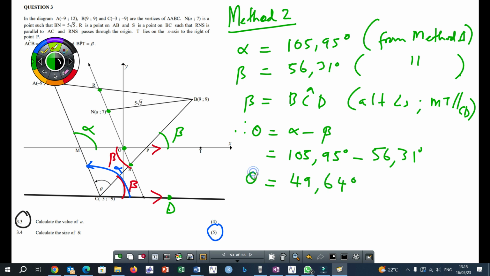So you still get the same result. Please take note here. I didn't write all the information, including the calculation of beta and alpha, because I did it in method 1. I didn't want to waste a few seconds of my lifetime. You mark your work.